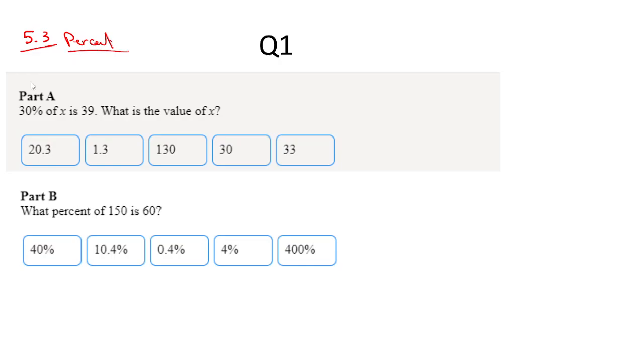But before we start solving the questions, I want you to keep in mind this formula, which is A over 100 multiplied by B equal X. What are these variables? A is a variable, B a variable, X is a variable. A is the percent.